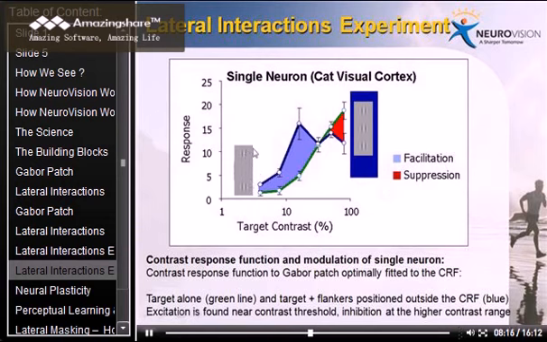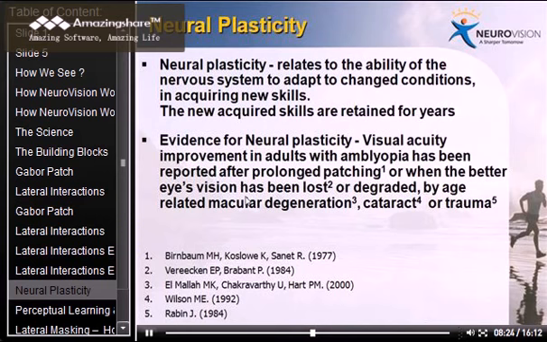It will happen only if they are all laterally arranged along the same axis, like in this example. So we saw with the cat experiment that with special arrangement of Gabor patches in space, we can increase the sensitivity, or increase the response of neural cells to weaker stimuli.